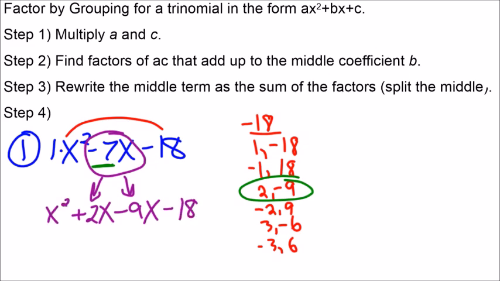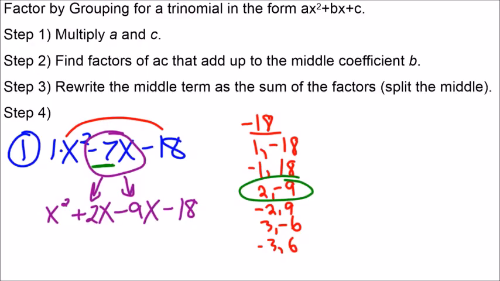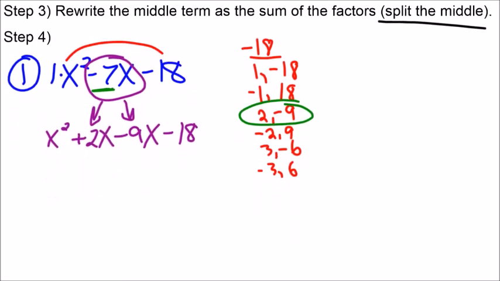The only thing we're really rewriting would be the negative 7x, and that's where the 2x and negative 9x come from. To finish off this step, the next thing we need to do is what we call split the middle. We're actually just going to split this problem into two different problems, two different sides.